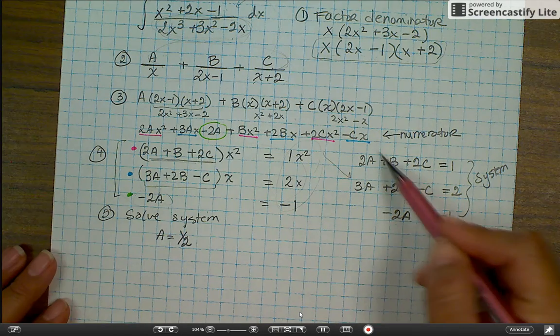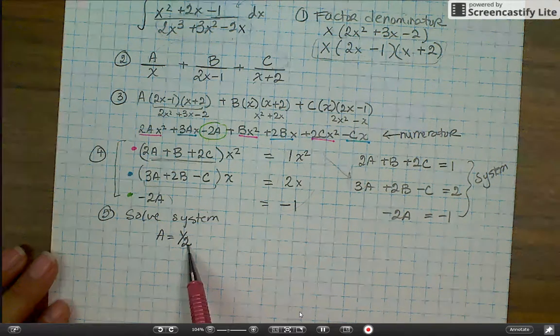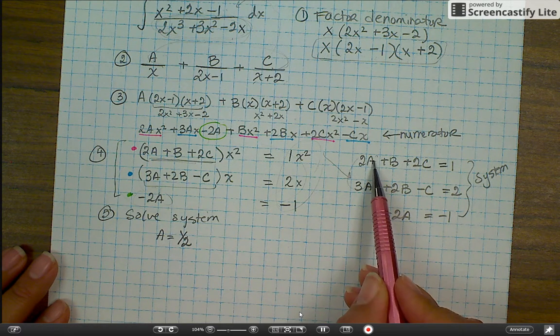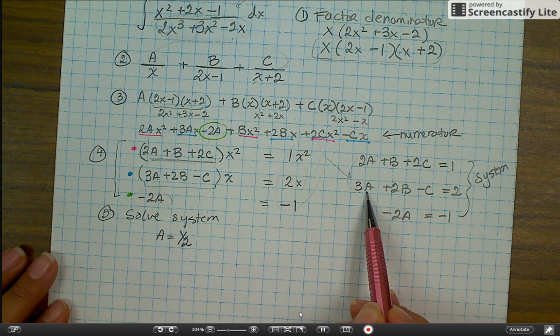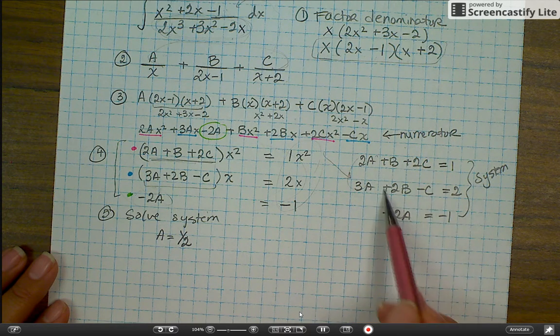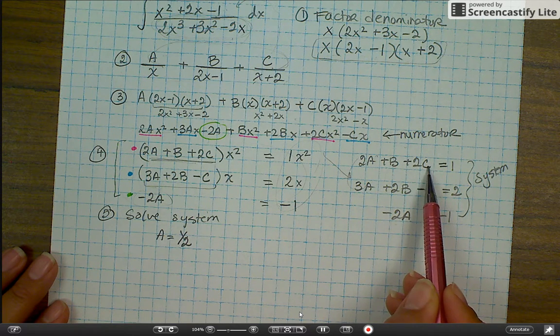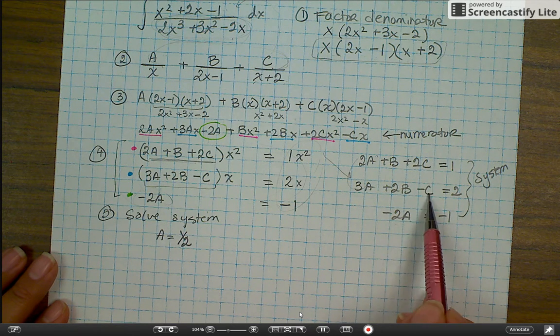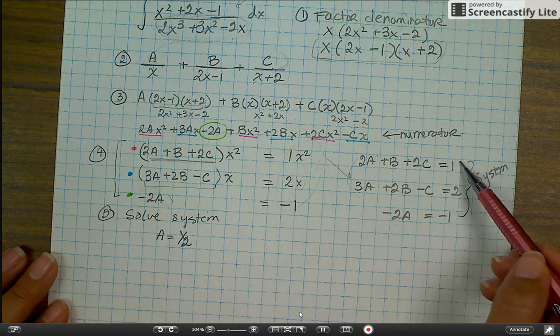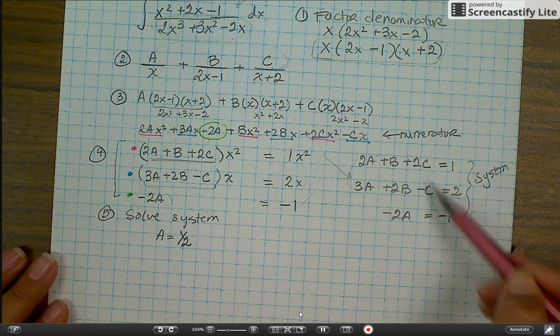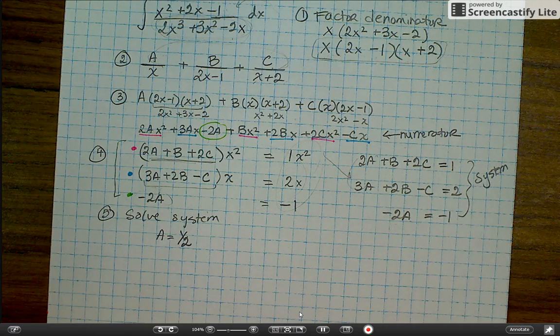If A is equal to 1/2, then you can substitute this 1/2 into here and into here. That's going to leave you with B and C in this equation and B and C in this equation, so we're going to have 2 equations with 2 variables. And so we can continue solving for that system of equations.